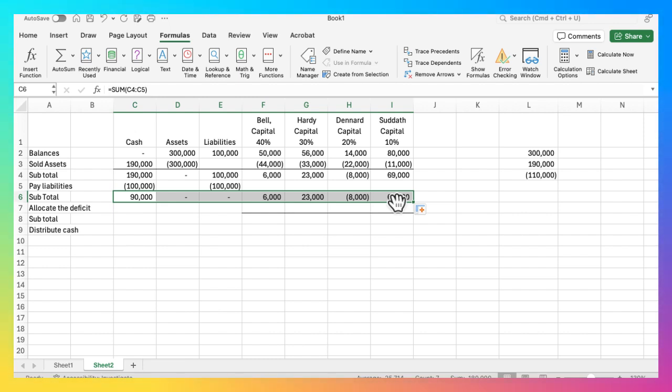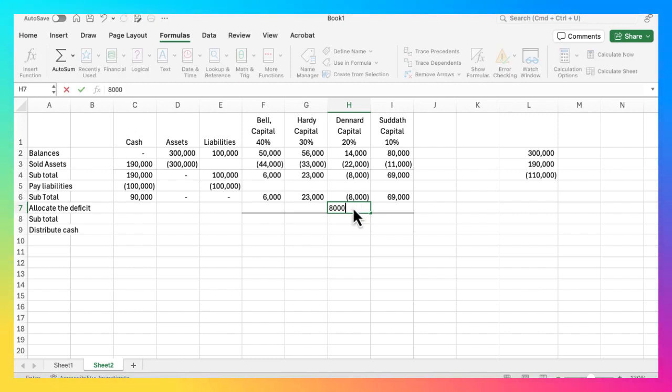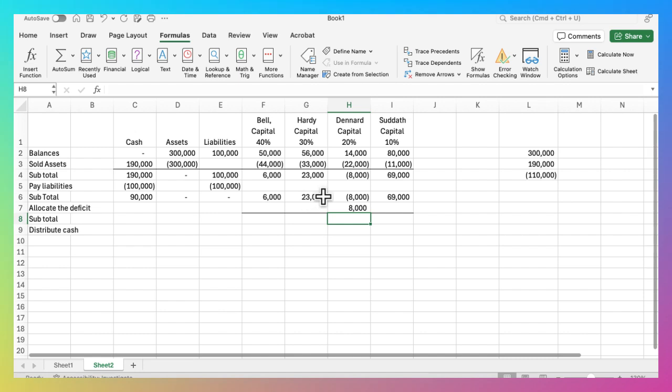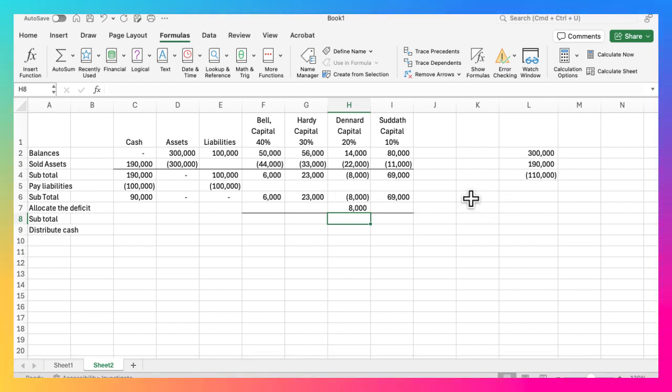The problem is, how are we going to allocate it? Well, we know the amount to be allocated is $8,000, and we need to allocate it to Bell, Hardy, and Sadath. So I'm going to come over here and recalculate their ratios.